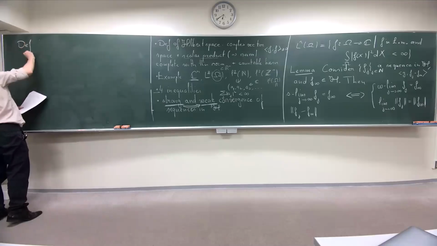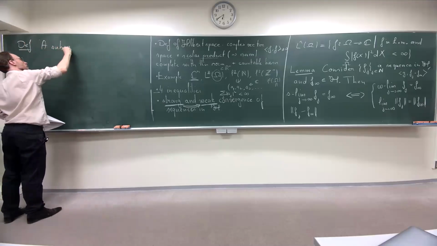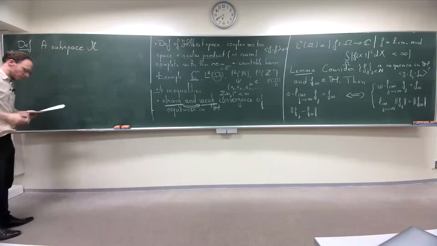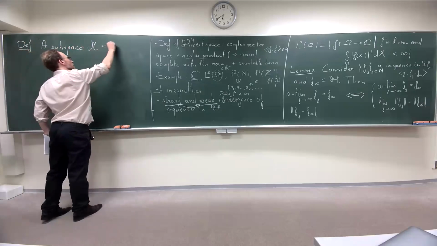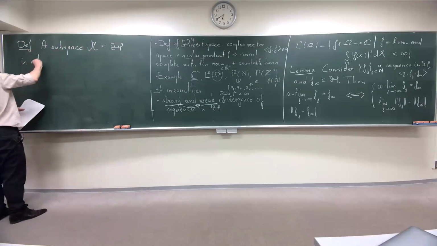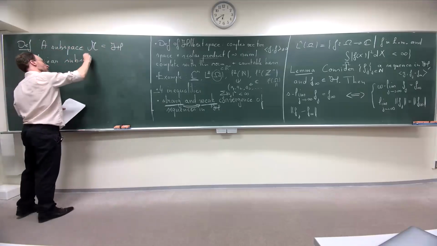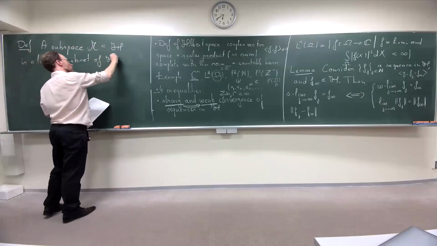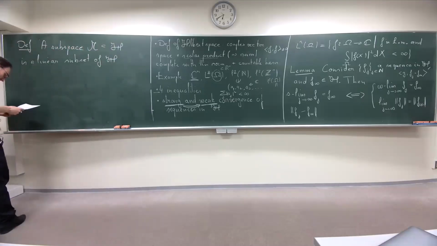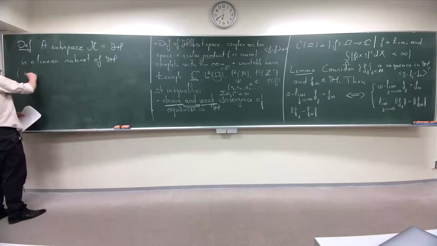So this is the definition of subspace. And I use the letter curly M, a subspace M inside H is a linear subset of H. What is the meaning?